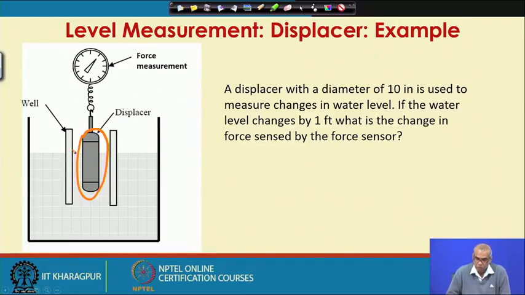So, if we consider two situations before change in water level and after change in water level, there has been a difference in the length of displacer that was submerged, and that is 1 feet. So, what is the change in force sensed by the force sensor?